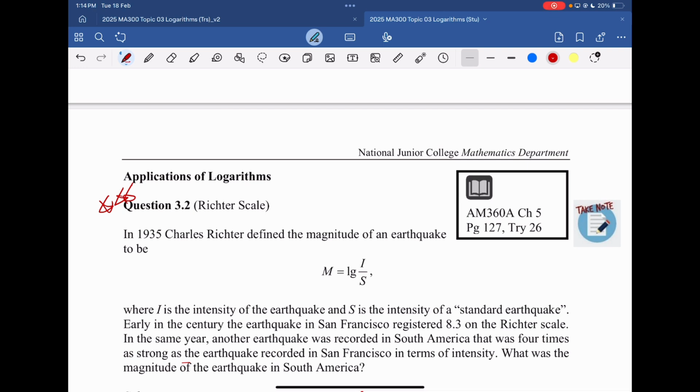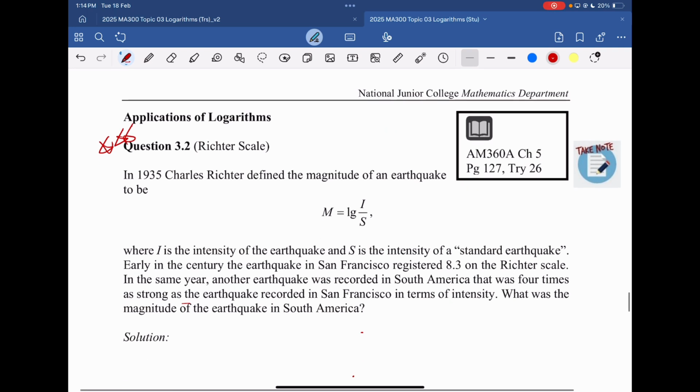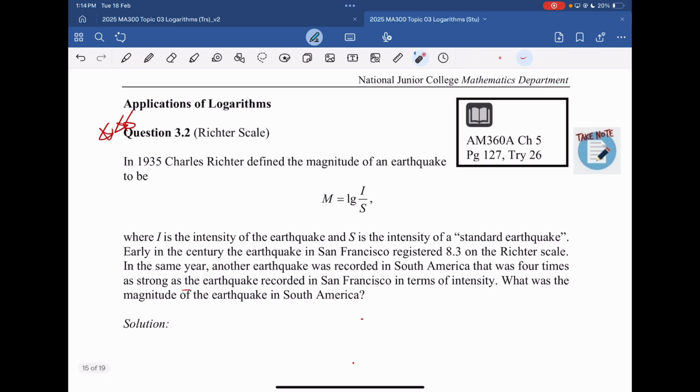Stop touching each other and pay attention. Joshua, why you never stop them? Okay, so the magnitude. Listen, because I want you to really see how I do this question. Alex, are you with me? What are you doing now?